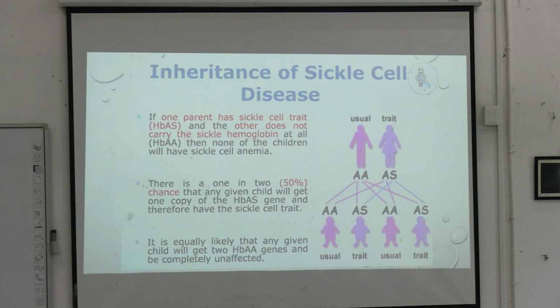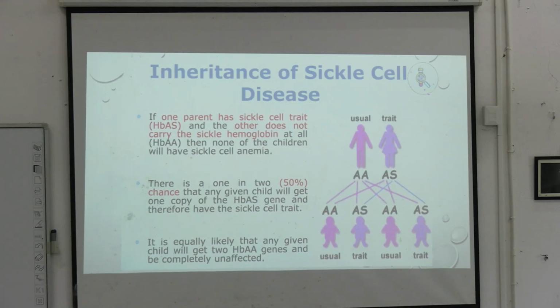Coming to the inheritance, how will you inherit this disease? If a couple, out of which one has a sickle cell trait and one is normal, there will be a 50% chance of the children having sickle cell trait. These sickle cell traits will not develop into sickle cell disease. They have the heterozygous form, meaning both chromosomes are not affected with the sickle cell defect.